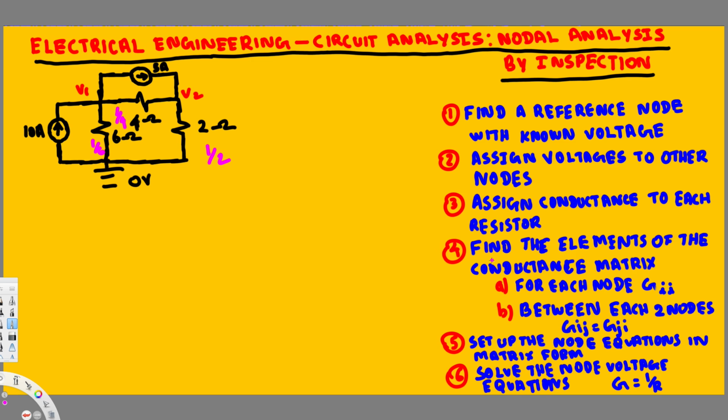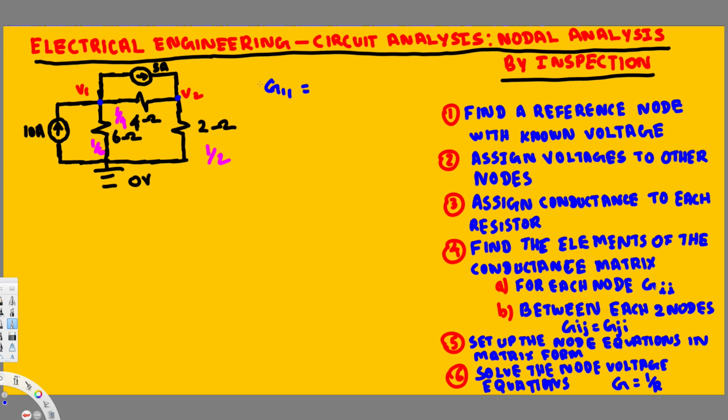The next step is to find the elements of the conductance matrix for each node, Gii. Here we have V1 and V2 and the conductance for each node. For this node, we only care about the branches connected to it, so this one we call G11.